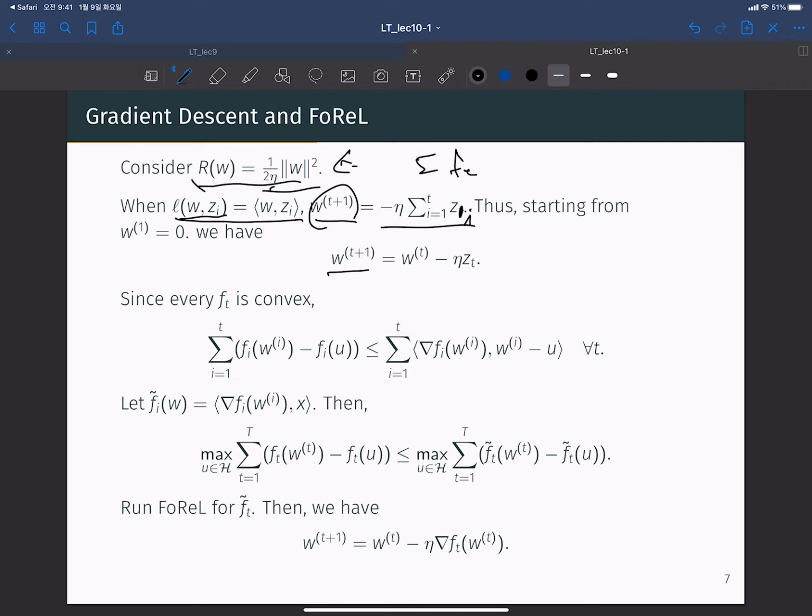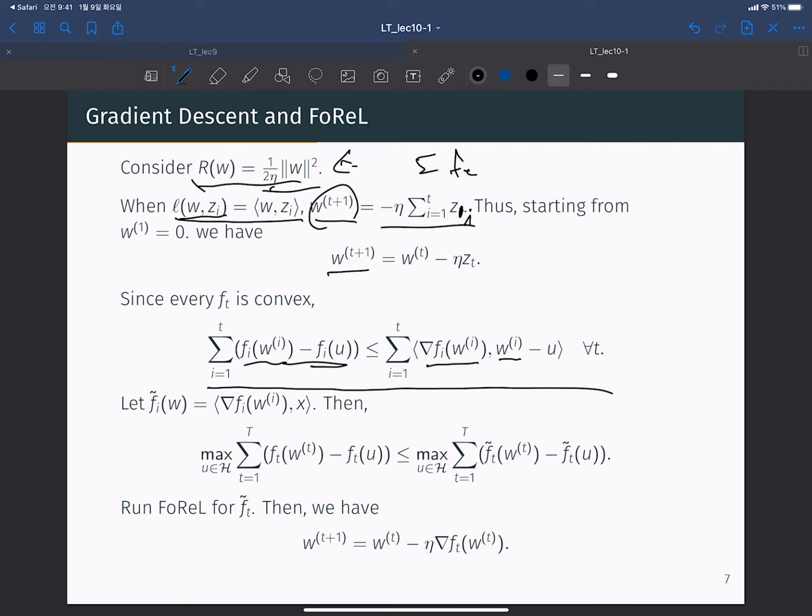And since every f_t is convex, for any other general f function, we have this inequality, right? I just use the definition of convexity: f_i(w_i) minus f_i(u) is upper bounded by the inner product between the gradient of f_i(w_i) and w_i minus u.